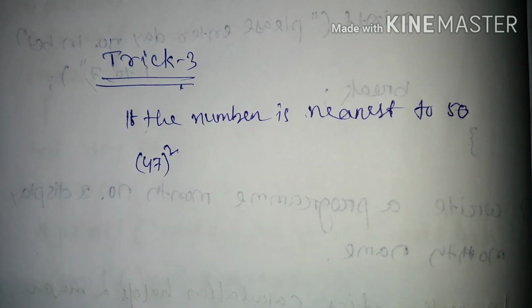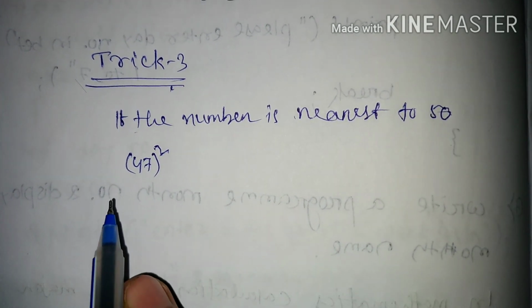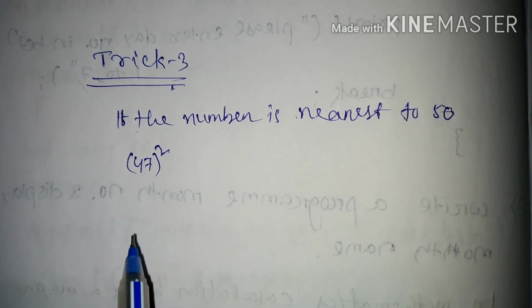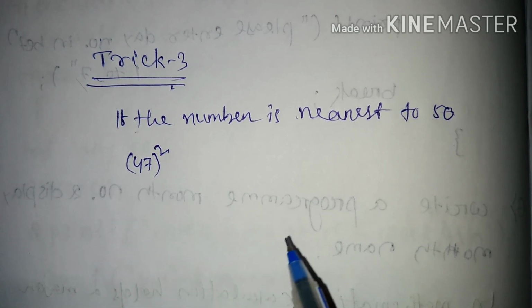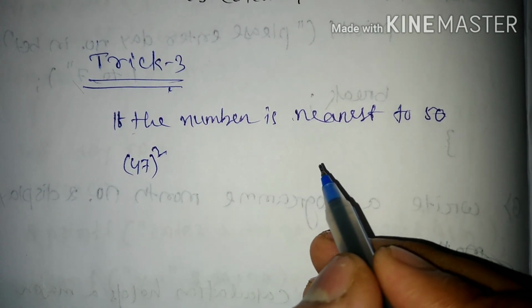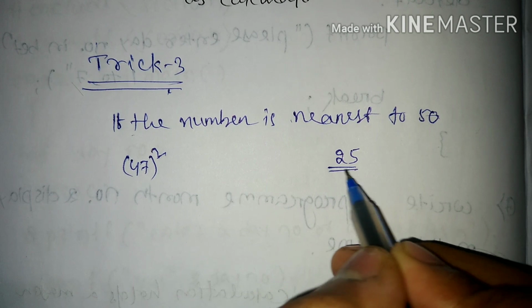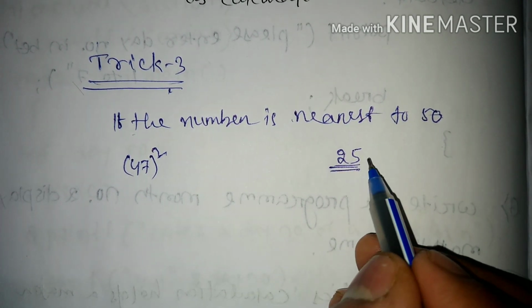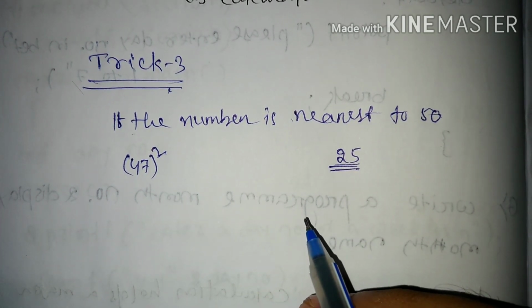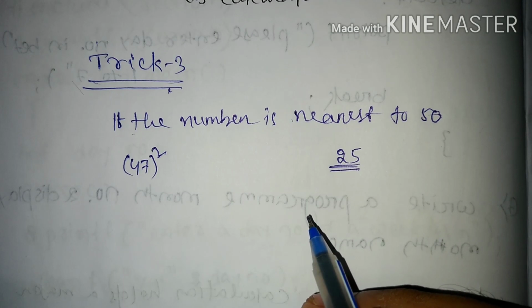So how to do? This is the very easiest trick and my favorite trick also. In this trick, the first thing is the number 25. We have to fix the number 25 in our mind at first.